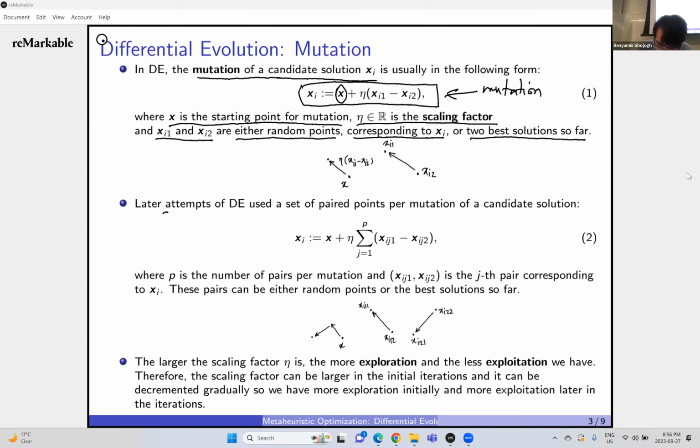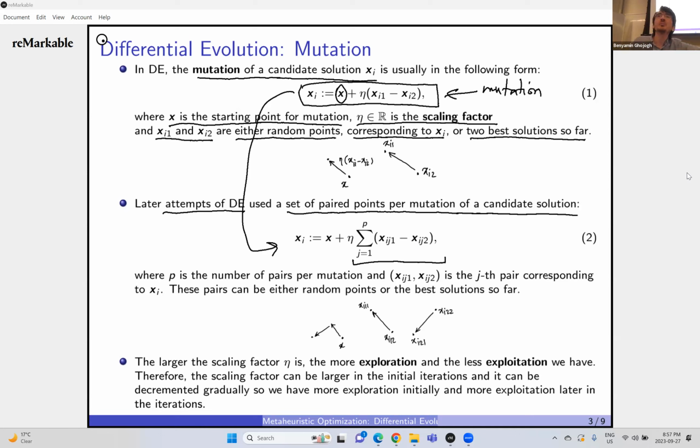Later attempts of differential evolution changed this equation to this. What did they do? They used a bunch of pairs, rather than 1 pair, xi1 and xi2. The later variants of differential evolution use p pairs, a set of paired points per mutation of a candidate solution. Understood? I have p pairs: xij1 minus xij2. J is the index of the pair.